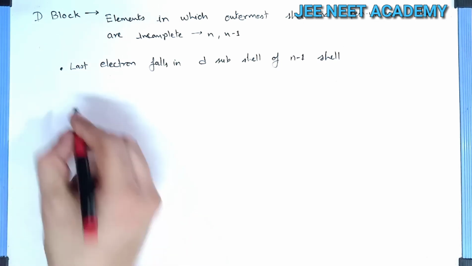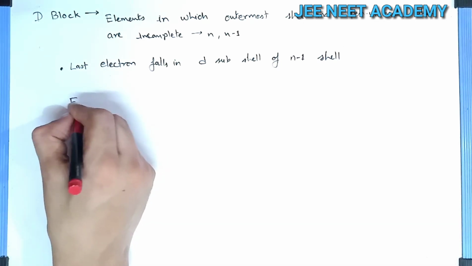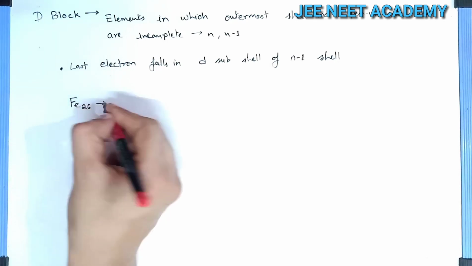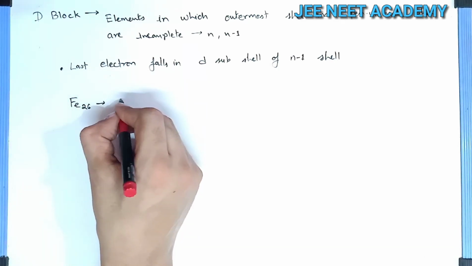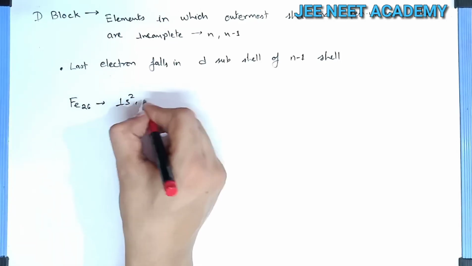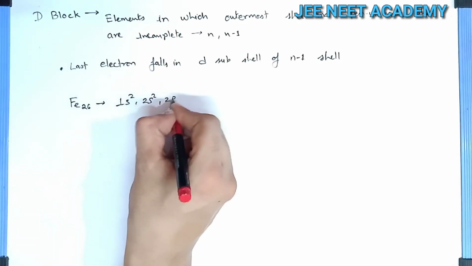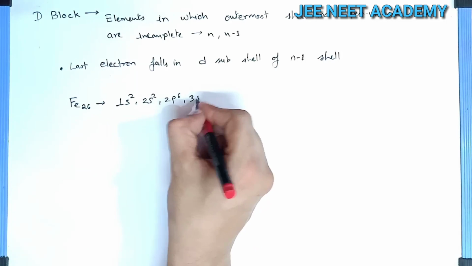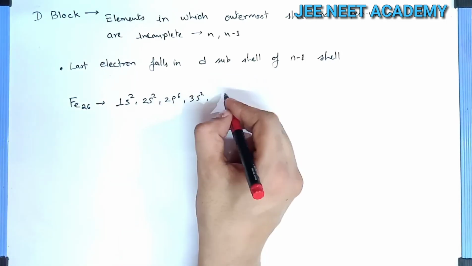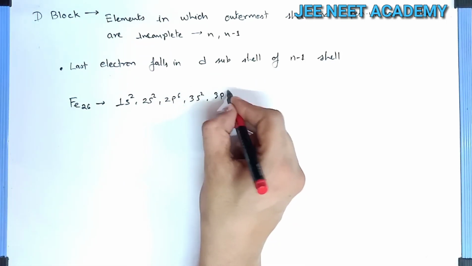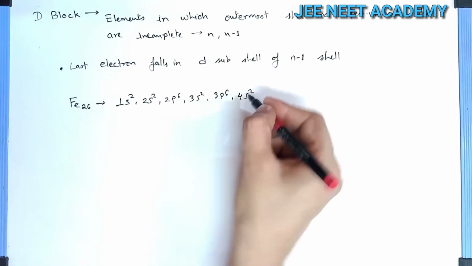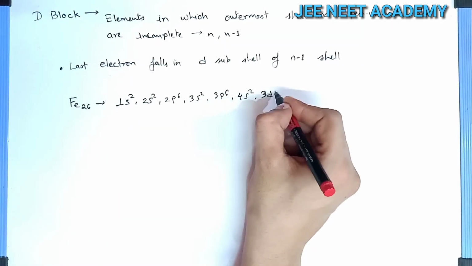So if you see iron, iron has 26 electrons in one atom, and the electronic configuration will be 1s2, 2s2, 2p6, 3s2, 3p6, 4s2, then 3d.